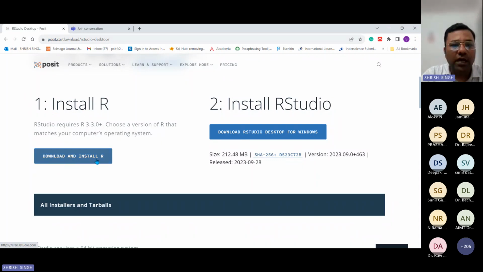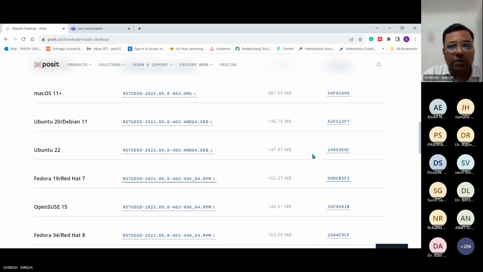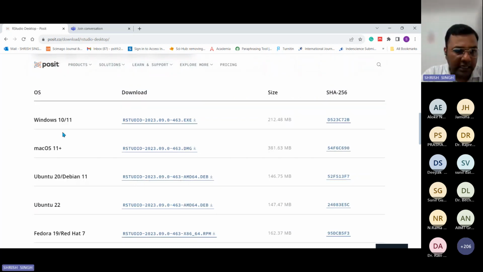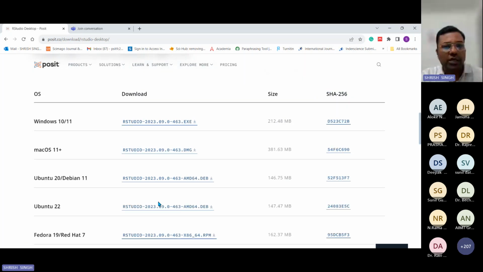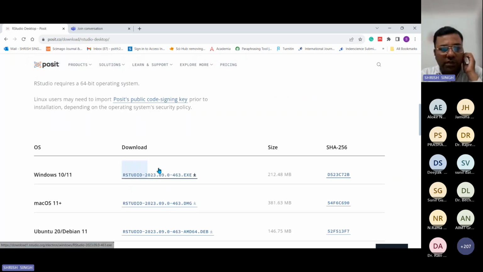Download and install R, download R Studio Desktop, right? There are options for Windows 10 and 11, you can download from here. For the Mac operating system, you can from here. There are so many options, so accordingly you have to choose the correct option to download, right?